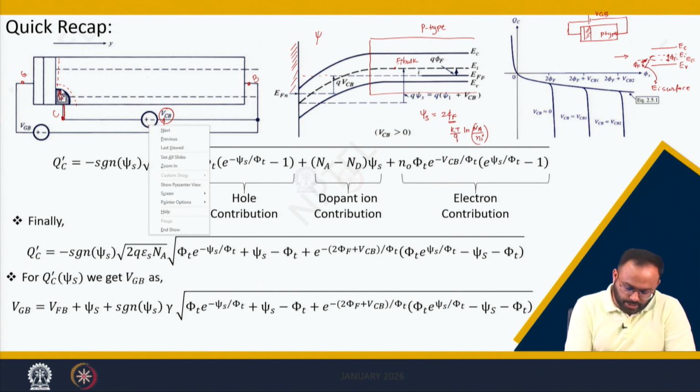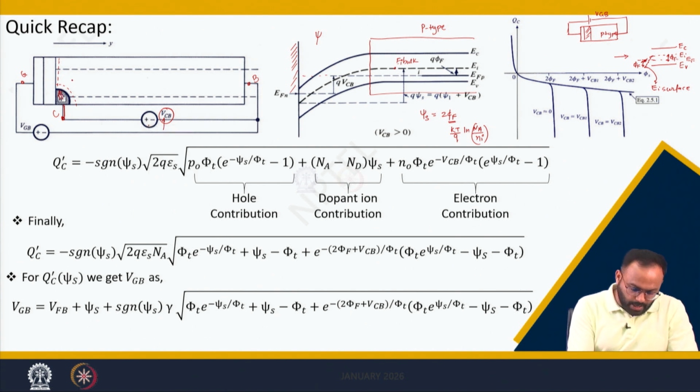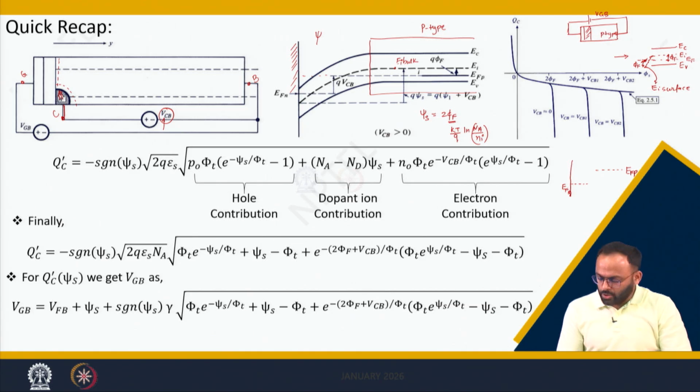In the reverse bias junction, when you plot an energy band diagram, you will see that at the surface your Fermi level is different than deep in the body. Deep in the body, your Fermi level is EFP, and at the surface it is EFN. So, the difference is given by q times VCB.